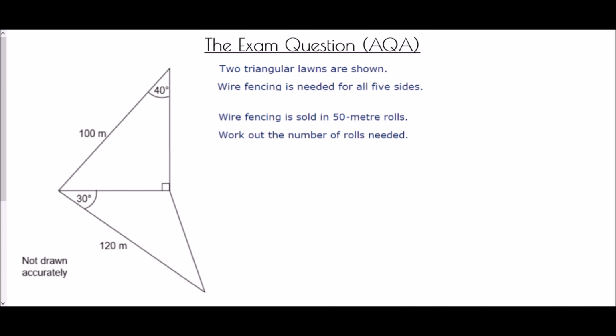So the first thing that we need to check here, where is it that we are going to be placing fencing? Well, it's all 5 sides. So there's 1, 2, 3, 4 and 5. And so in order to work out how much fencing we're going to need, we're going to need to actually work out all of the different lengths.